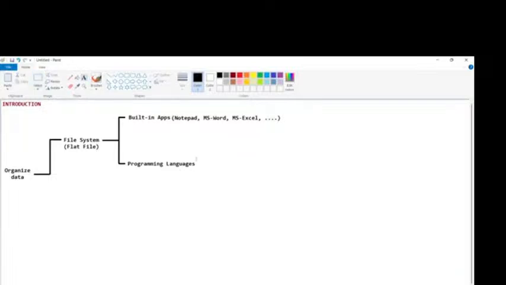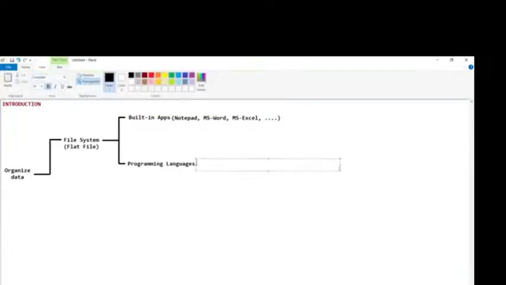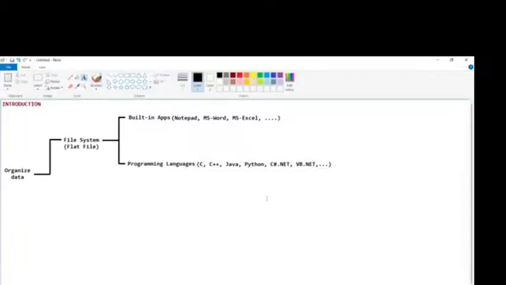And when it comes to programming languages, here also I make a list: C, C++, Java, Python, C#.NET, VB.NET, etc. These are programming languages. So even programming languages will support creating a file, and through that file you're going to manage your data.